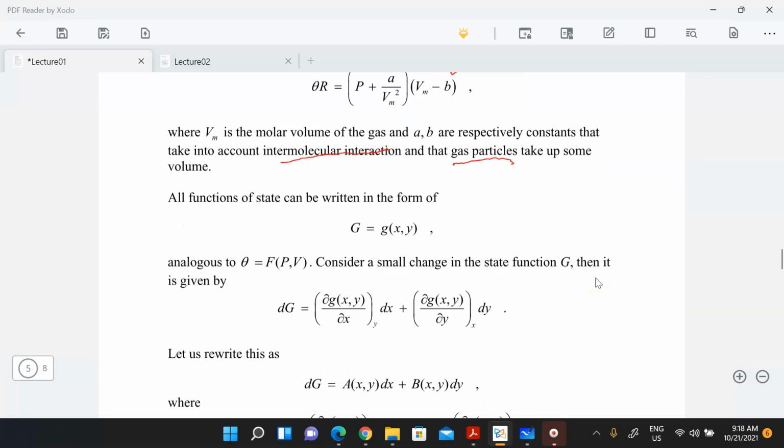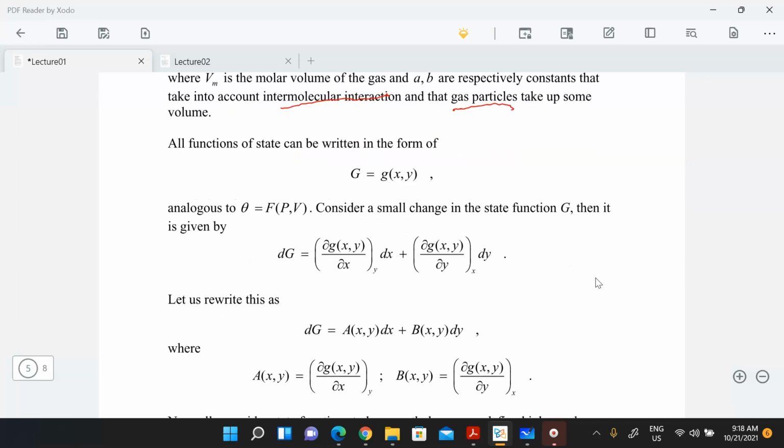So generally, how your function is going to be, again, we are sticking to the case of what we know from ideal gas. Your function of state will be some function of two variables, x and y, where x and y are probably V or theta or P. Then you can actually try to learn generally what the behavior of these state functions should be from just simple calculus.